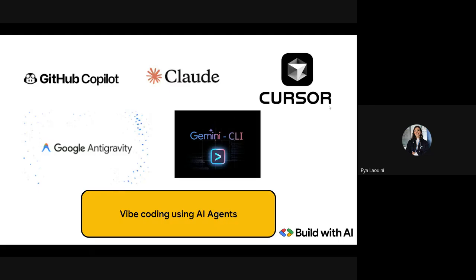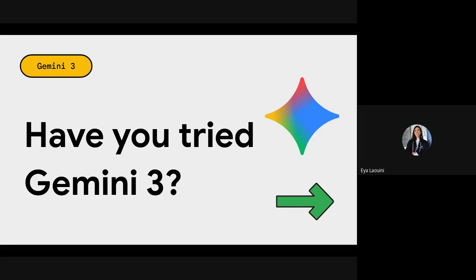I think coding is now easier, especially optimization, using those intelligent AI agents. By the way, have you tried Gemini 3? Please raise your hand if you have already tried Gemini 3, whether on Gemini, Gemini CLI, Google AI Studio, or if you built something with Gemini 3 using the API.